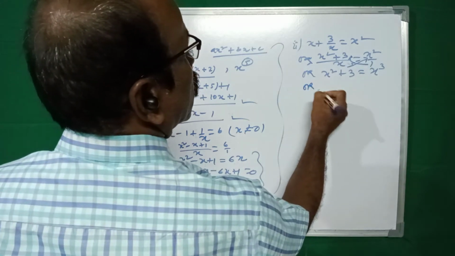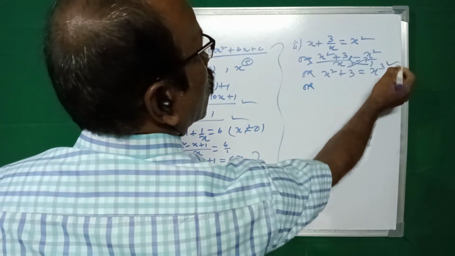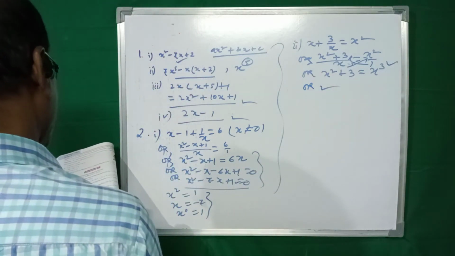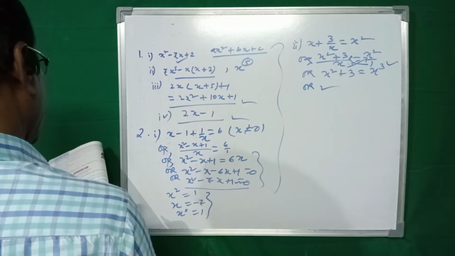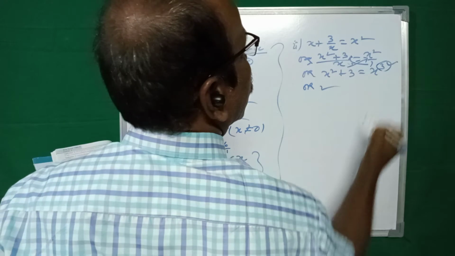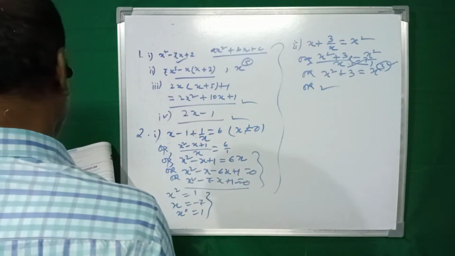But x cube is not a quadratic polynomial equation. Am I clear? In the second one, it is not a quadratic polynomial equation.